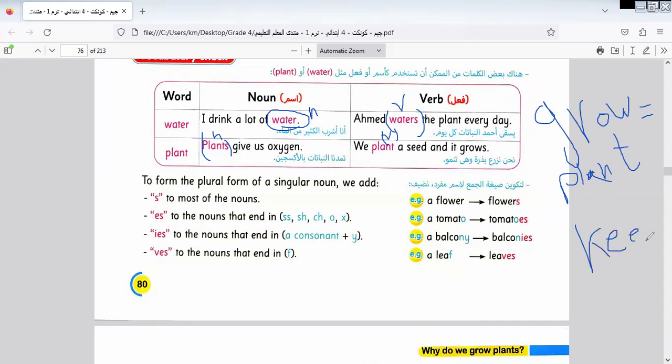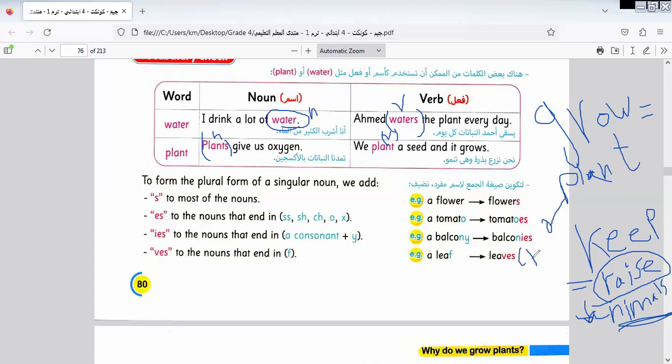Keep and raise are both related to animals. But grow and plant are related to plants. Okay, this is the difference between grow and raise. Let's continue the rest of the unit.